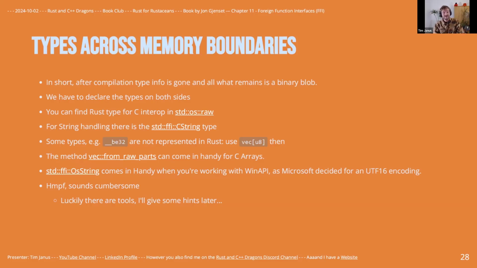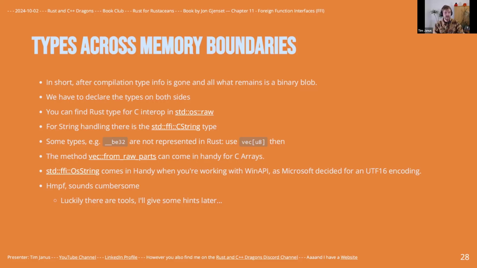There are a lot of helper types in the std::os::raw module, and also in the std::ffi module, that help you identify all these legacy things like a 4-byte integer, 8-byte integer, unsigned, and so on, and also C string types.